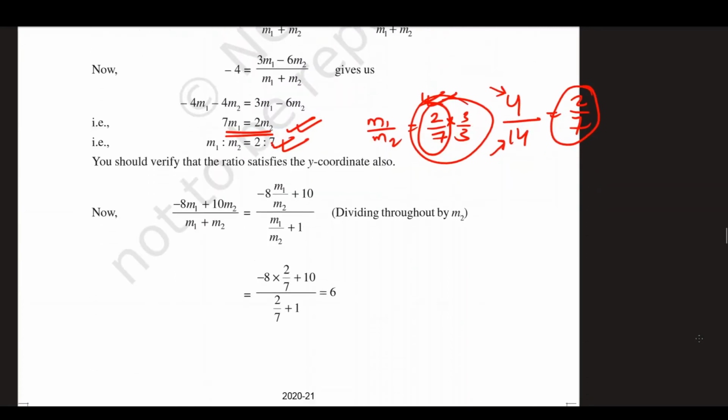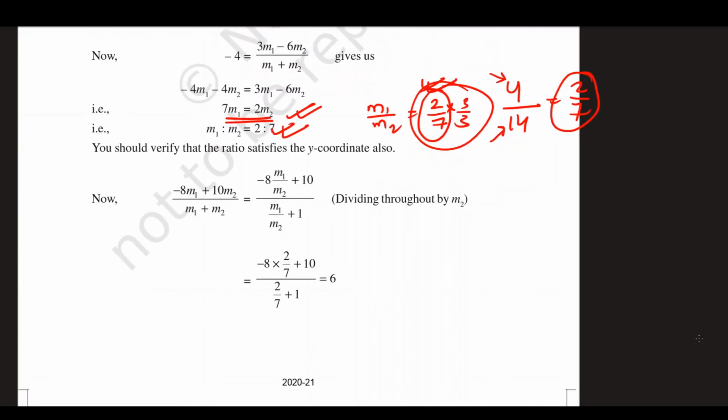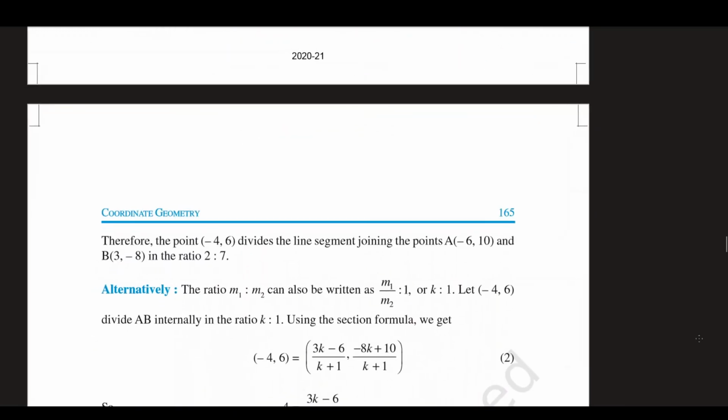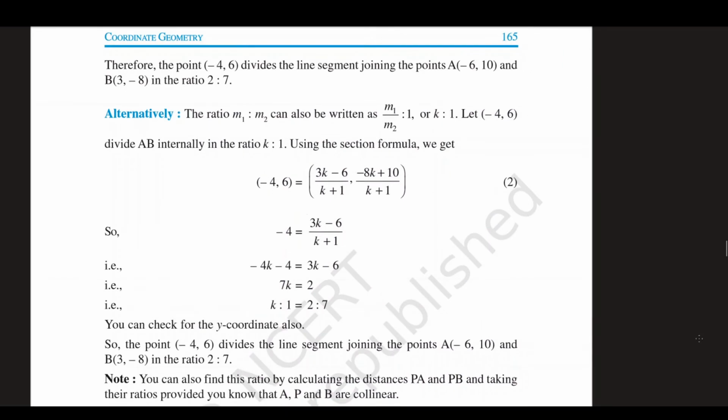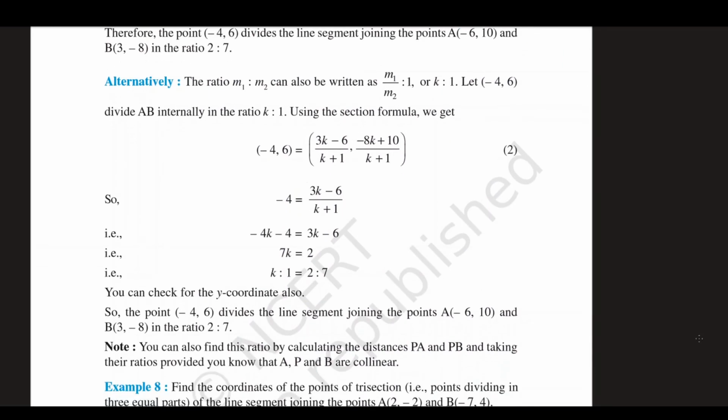Now the second part is to verify whether it satisfies the y coordinate also. Put the values of m1 and m2 and get the result. Alternatively, you can make it a one-variable question. Let m1 by m2 be k.